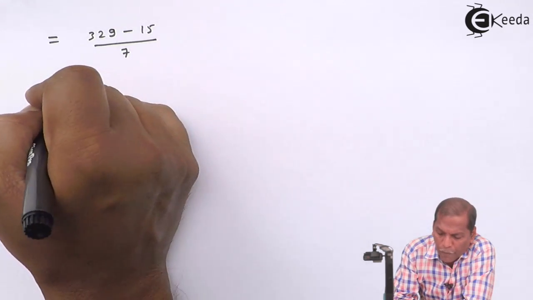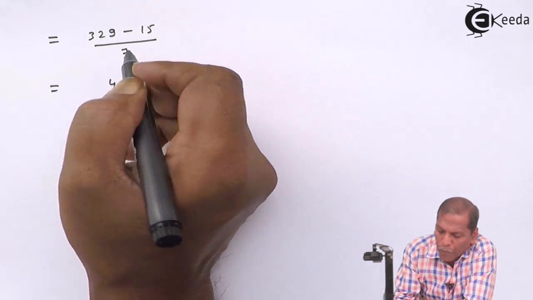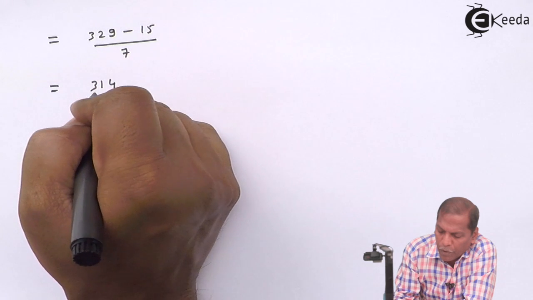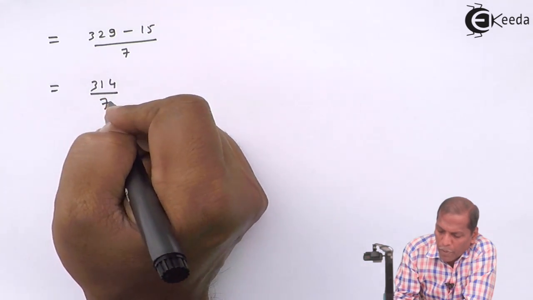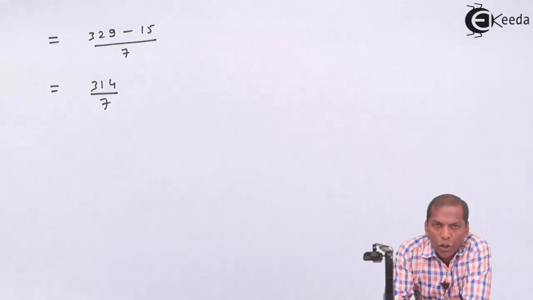So on simplifying further we get 9 minus 5 gives 4, 2 minus 1 is 1, and we write 3 as it is, divided by 7. So this is the required solution for the given problem. Thank you.